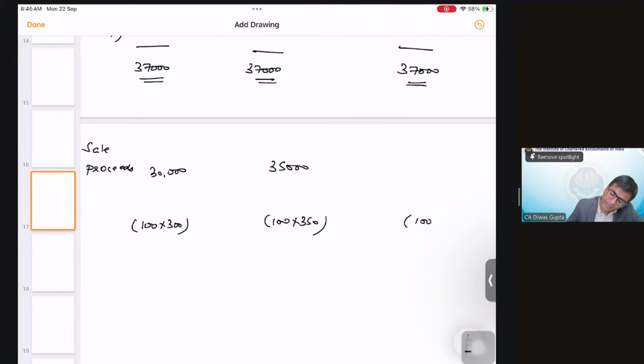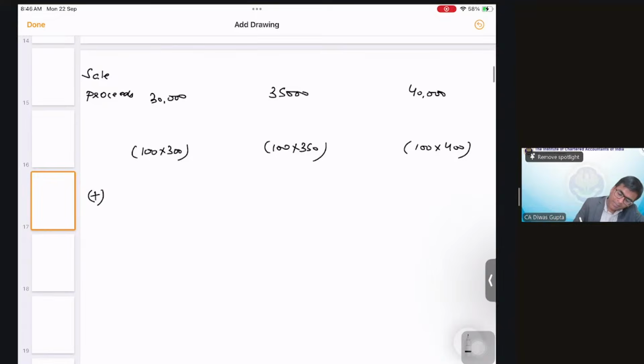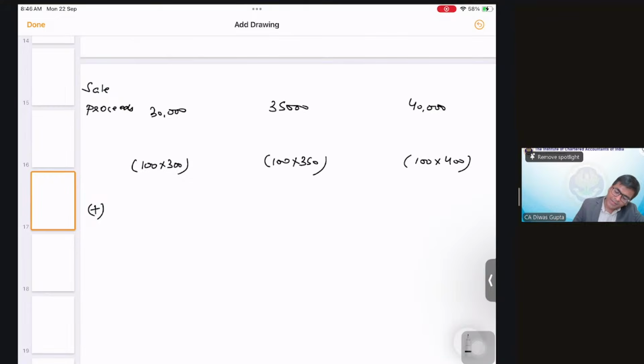And in the third case, it is 100 into 400, the closing price, which will be 40,000, students. This is the sale proceeds that you will get, plus you will also get back your own margin: 7,000, 7,000 and 7,000.